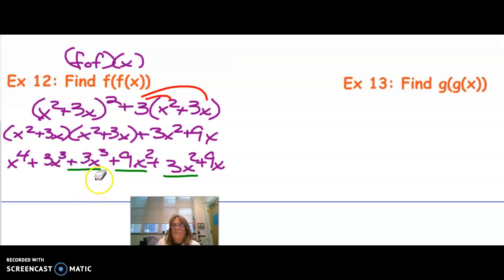Sorry about that. So these two we're going to combine. These two we're going to combine. And we don't have anything that we can combine with the x to the 4th and the 9x. So I have x to the 4th, 3x cubed plus 3x cubed is 6x cubed. 9x squared plus 3x squared is 12x squared. And then bring down the plus 9x.